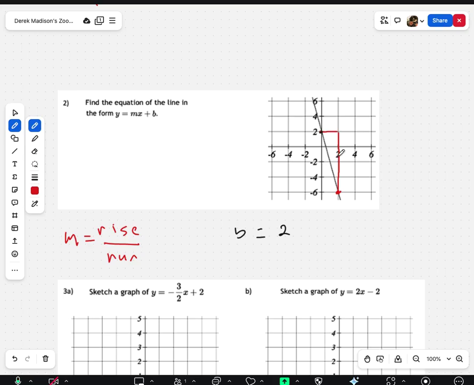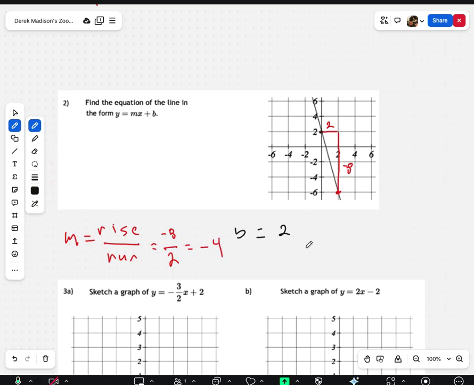This distance is 2, and that's our run. And then this distance is 2, 4, 6, 8. But be careful there because it's negative 8 because it's decreasing, right? It's going downhill. So that means our slope is -4.